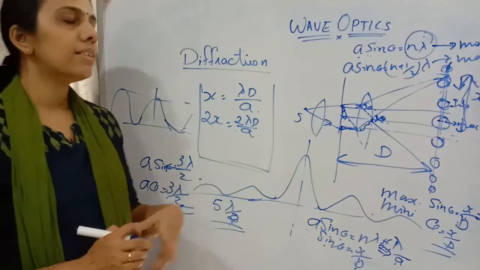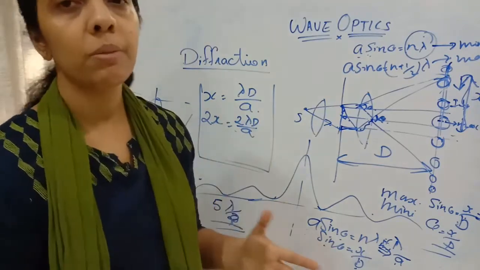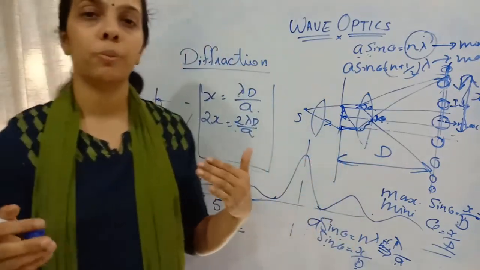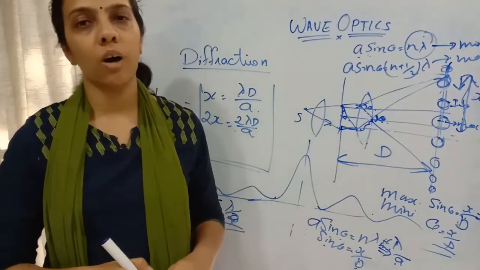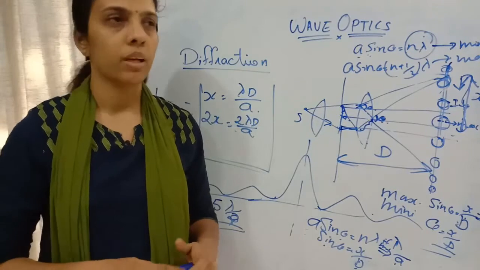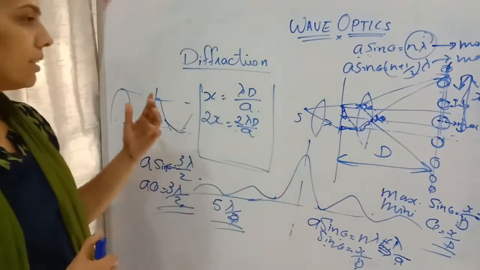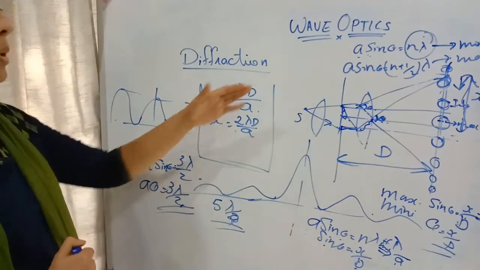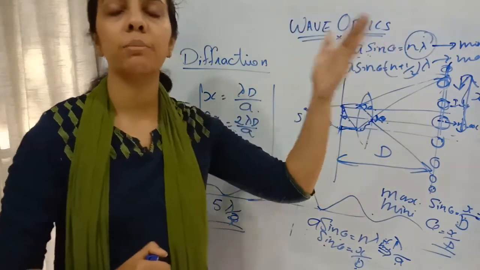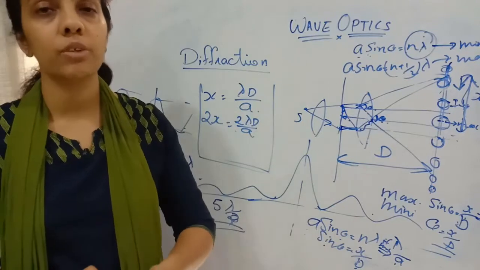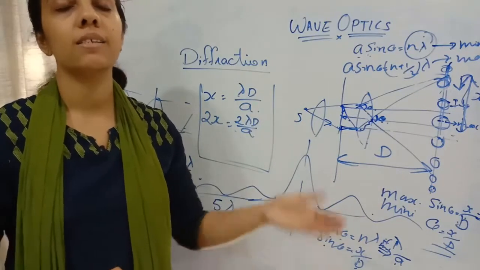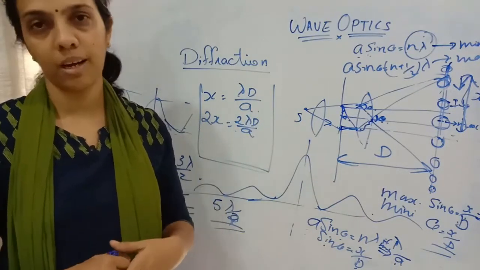So these conditions are important: what is meant by diffraction and why the intensity of the waves reduces as we move away from the center maximum. Next are the positions. What are the conditions for maxima and minima? The maxima condition is a sin theta equals n plus half into lambda. The minima condition is a sin theta equals n lambda.